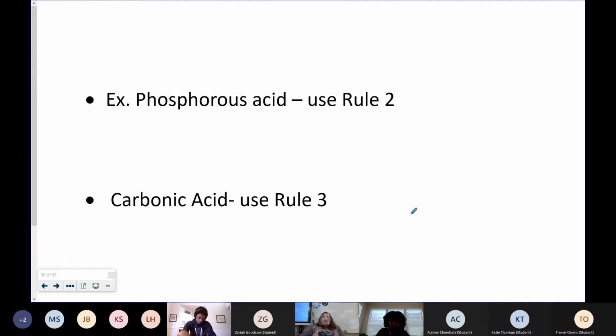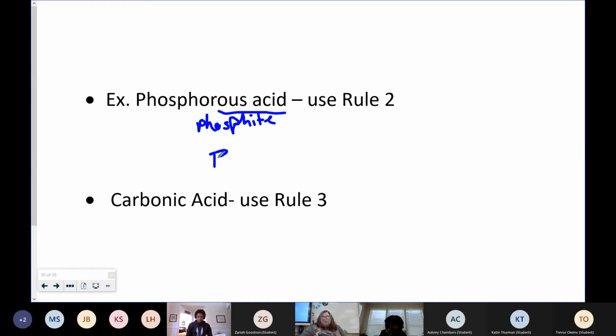Okay. We also might have something like phosphorus acid. There's no prefix, so we know it's not the first rule, but it ends in that OUS acid, which means this is phosphite. Phosphite is one that's not on your reference sheet, so you wouldn't normally need it, but there's only so many things that end in ITE.